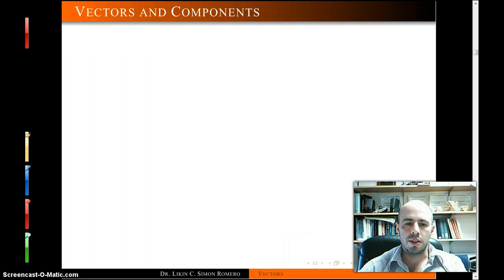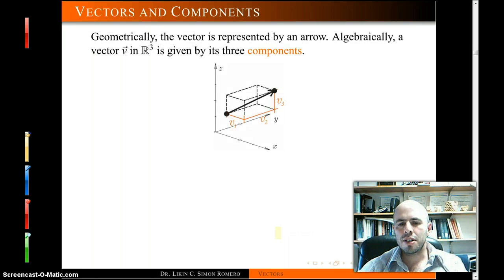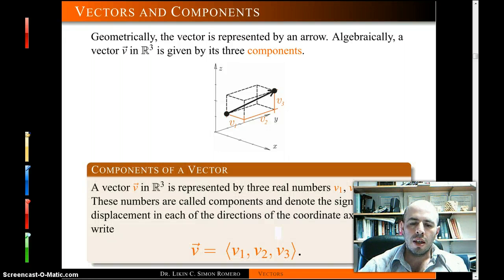Vectors and components. Geometrically, the vector is represented by an arrow. Algebraically, a vector B in R3 is given by 3 components. A vector B is represented by 3 real numbers, B1, B2, and B3. These numbers are called components and denote the signed displacement in each one of the directions of the coordinate axes. We write B as <B1, B2, B3>.